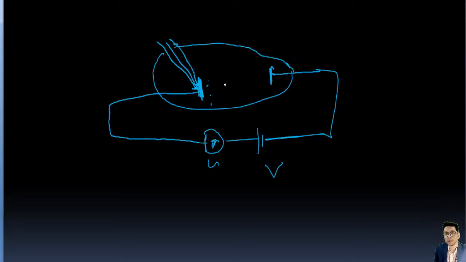When we reverse the potential and keep increasing it to the level where even the most energetic electrons are turned back by the anode, that potential is called the stopping potential, and the kinetic energy of the electron is going to be equal to eV_s, that is mod eV_s. Then we have put this value here.